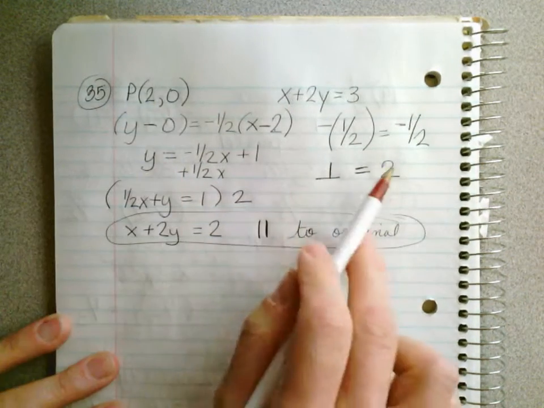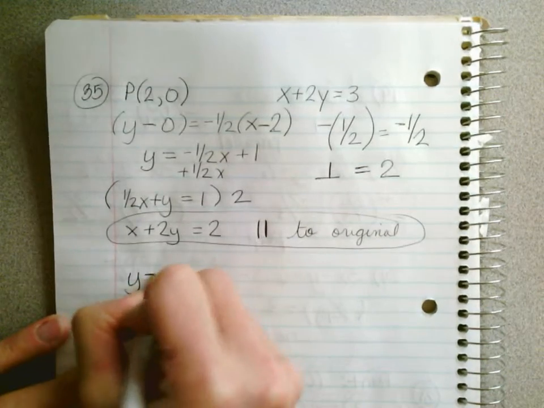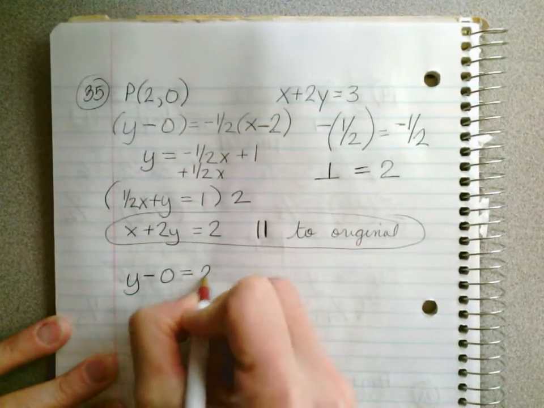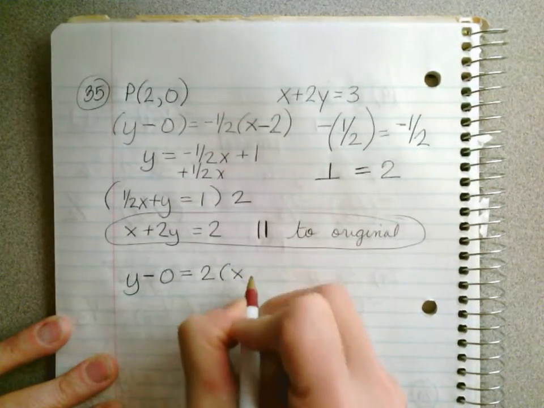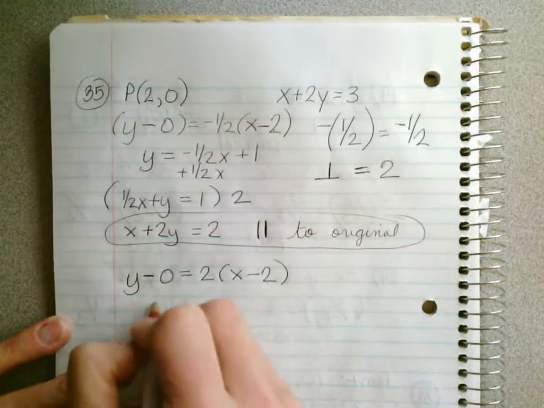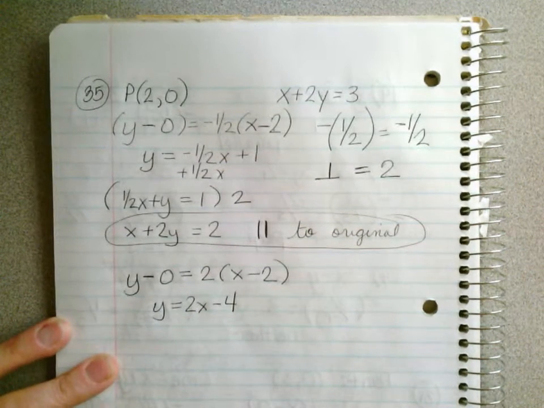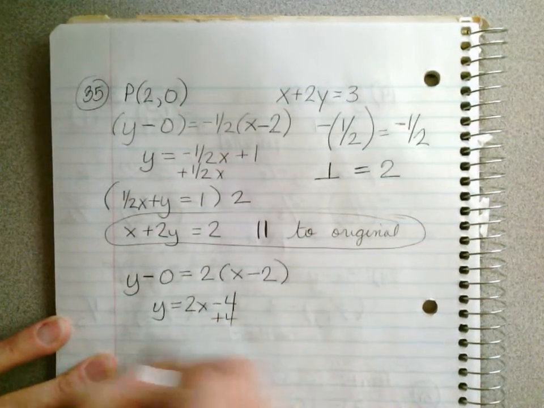Plug in the points and the new slope. y minus y1 is equal to m times x minus x1. y equals 2x minus 4. Let's keep everything positive, moving accordingly.